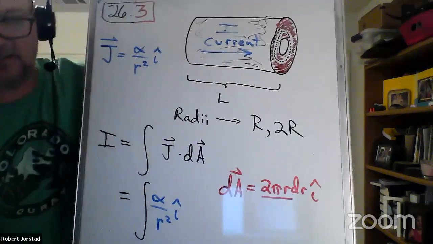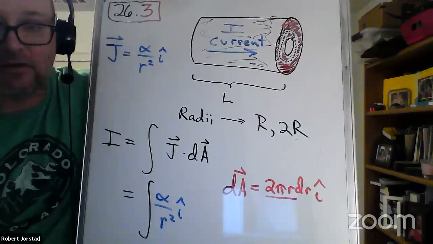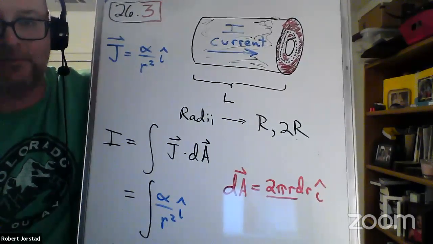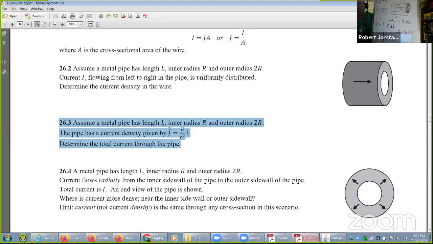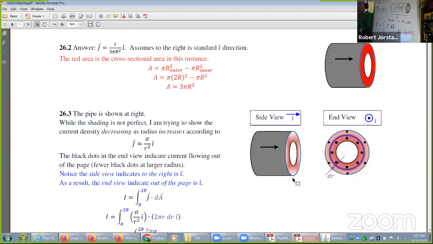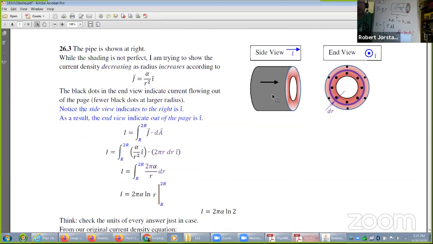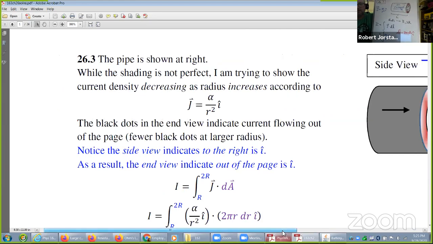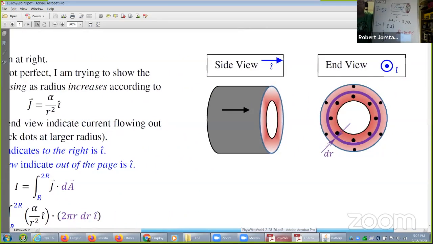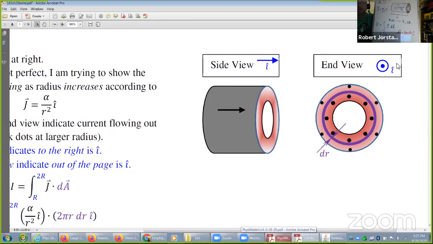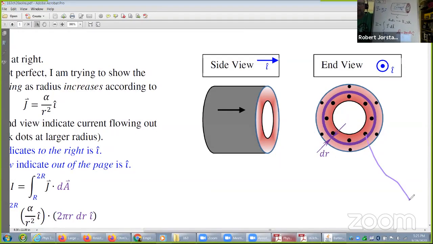Because my picture isn't great, let me go to the solution picture, which might help you see this better. That's where I'm at right here. Let me zoom in a little bit. We're looking at that little strip right there. Every point inside that strip has the same density.